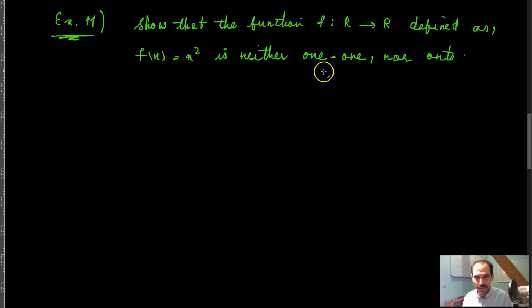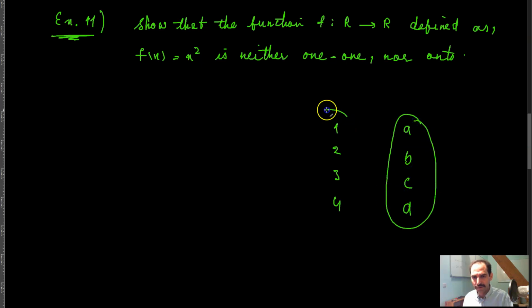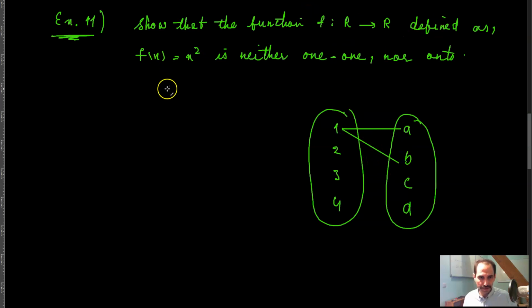If it's not a one-one function, then if you have 1, 2, 3 and 4 and a, b, c, and d, you could have some situation where, for example, the image of 1 is a and the image of 1 is b as well. And you can see it over here as well, meaning that if you have f of x is equal to x squared, f of 2 here is equal to 4, and f of negative 2 is also equal to 4.